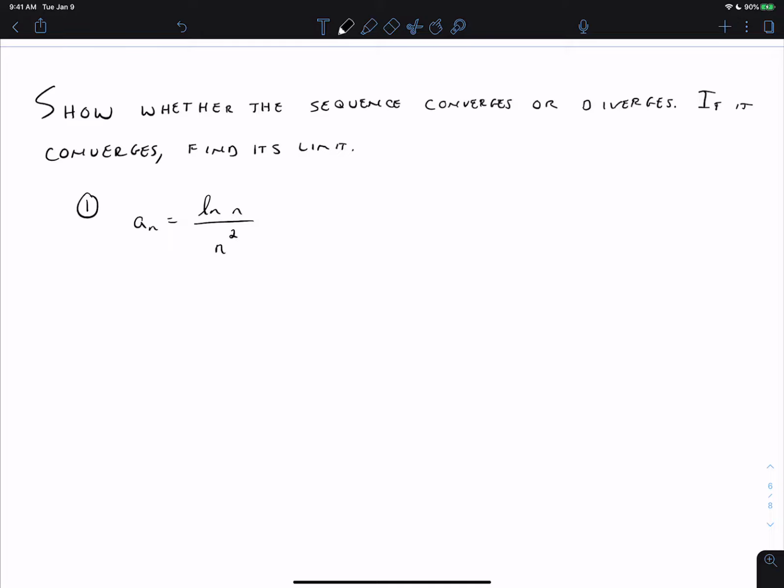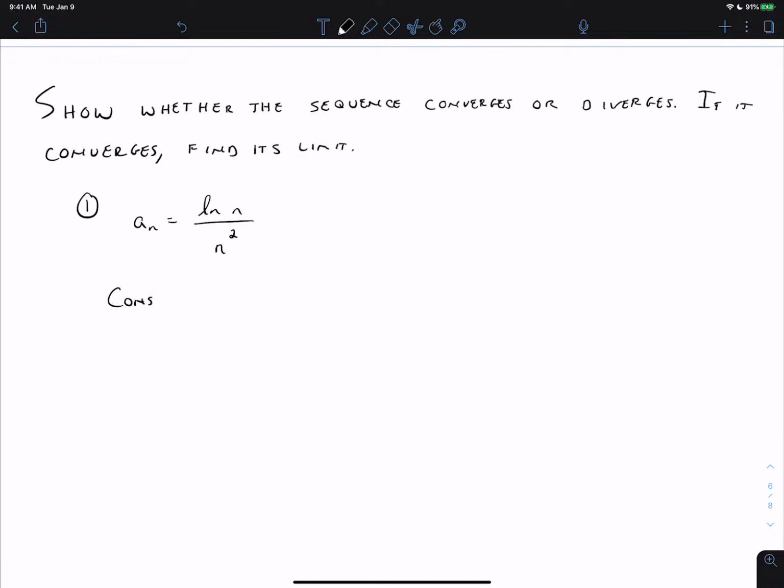As n goes to infinity, that's in the form infinity over infinity, and in Calc 1 we would want to apply L'Hopital's rule. Technically, L'Hopital's rule only applies to continuous functions, where x is a real number rather than n being an integer.